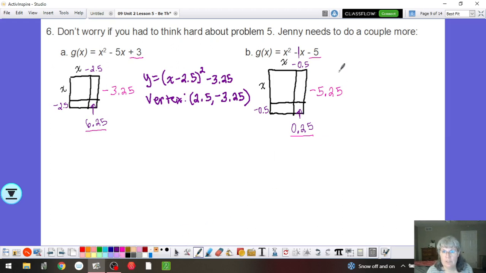So our equation, y equals x minus 0.5 squared minus 5.25. So now we can identify the vertex, and we know it's going to go to the right, so positive 0.5, and it's going to go down 5.25.